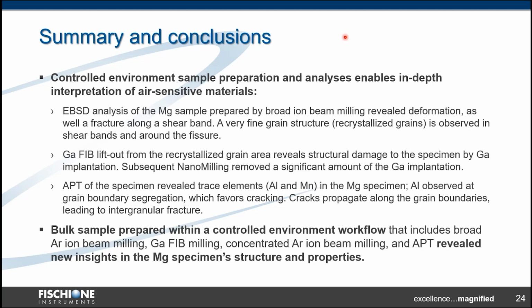So the bulk sample preparation within a controlled environmental workflow that includes broad argon ion beam milling, gallium FIB milling, concentrated argon ion beam milling, and APT measurements revealed new insight into the magnesium specimen structure and properties.